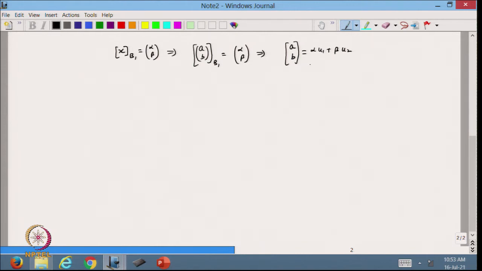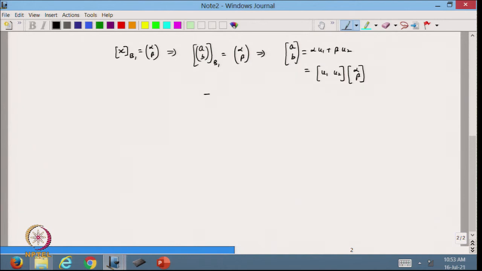From here I can take the matrix made up of u1, the first vector of the basis, and u2, the second vector of the basis, and multiply it with (alpha, beta).